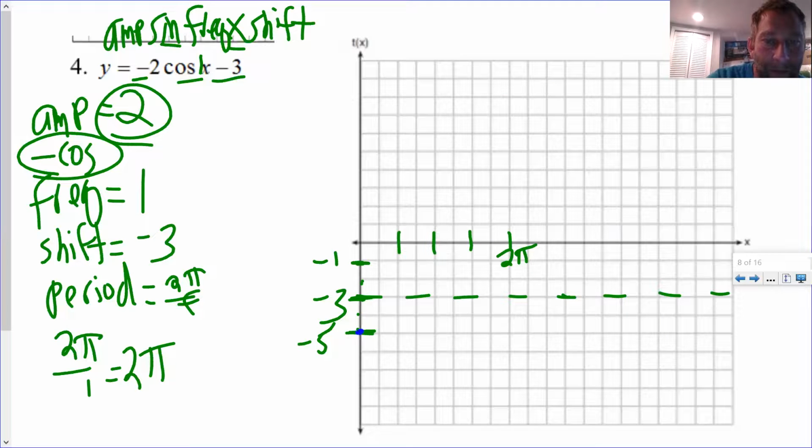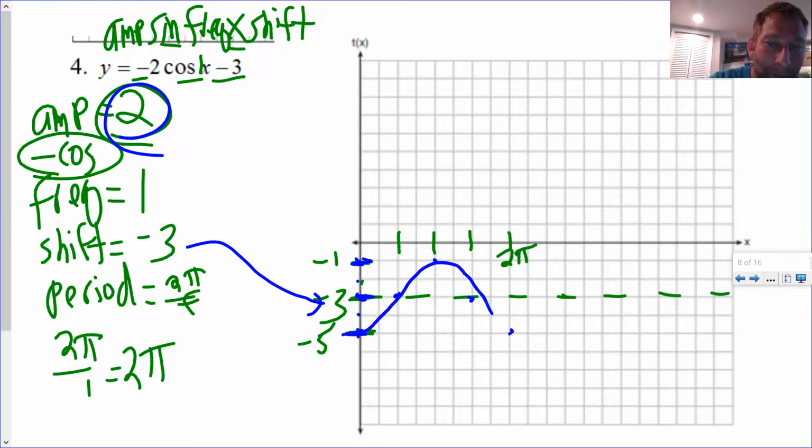And again, every point is going either at the top, the middle, or the bottom. My shift is my middle, and my amplitude is how high and low I'm getting to get my top and my bottom. I draw in the wave. That's a little bit better.